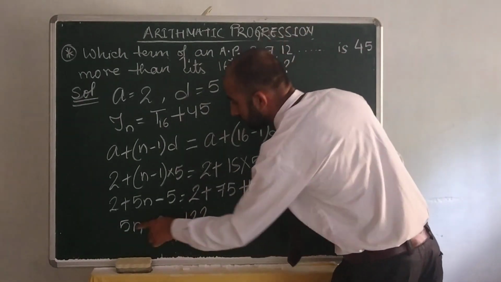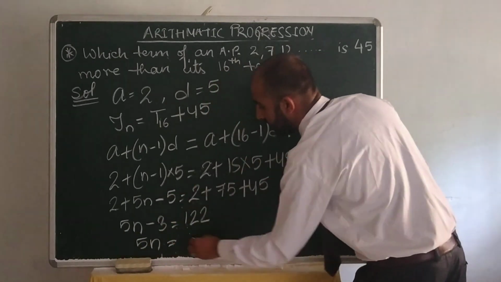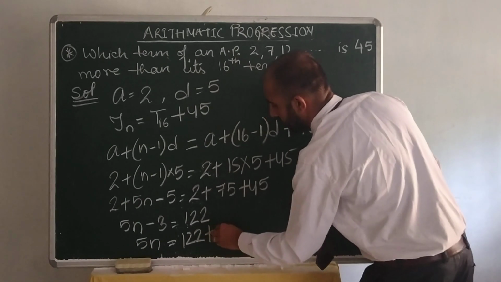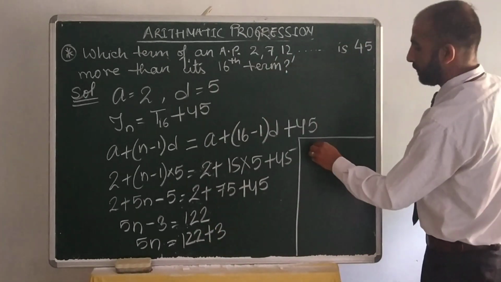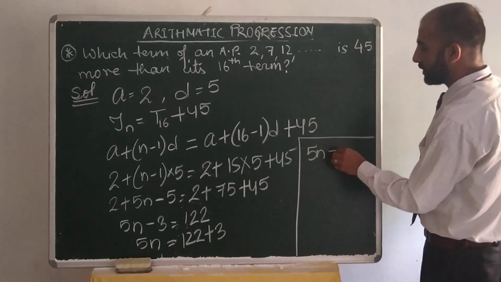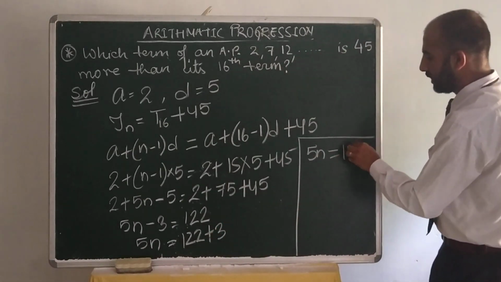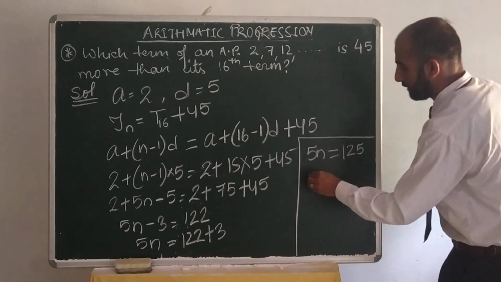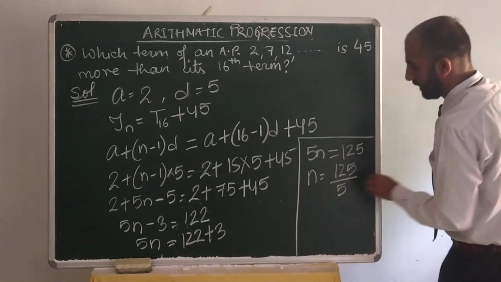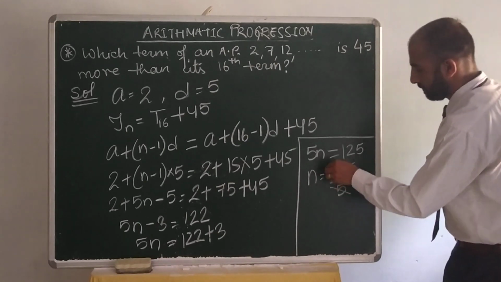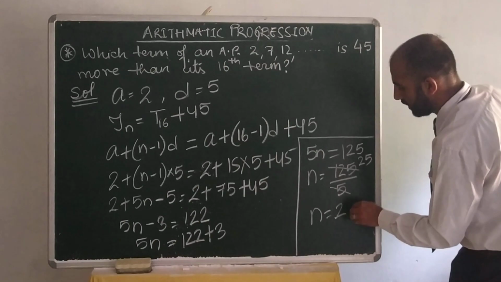So 5n equals, let's bring this side, 122 plus 3. 5n is equal to 122 plus 3, that is 125. That means n equals 125 divided by 5, that is 25. So we got n equals 25.